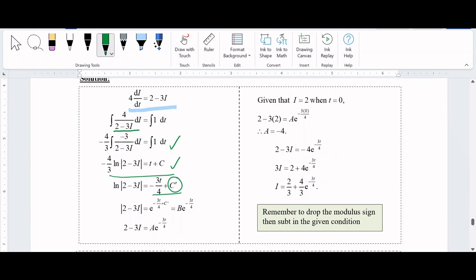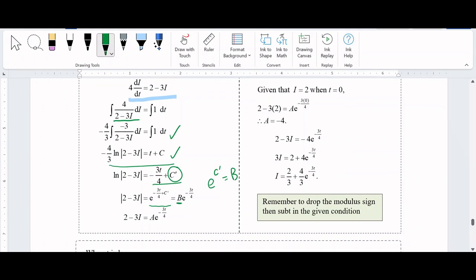And then of course next I'm going to express it in index form so that I can get rid of the ln. So now this is the new expression on the right hand side. Again, instead of writing e to the c prime, I am going to let this e to the c prime be called b, another arbitrary constant, so that it is easier for me to write my expression.